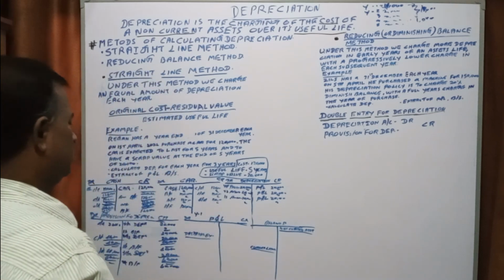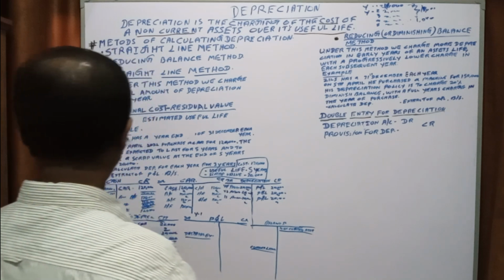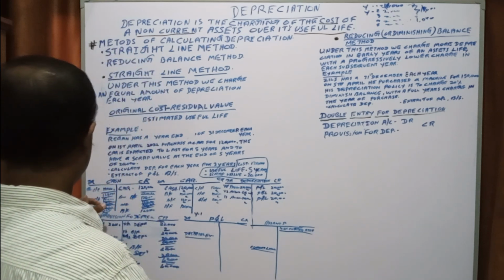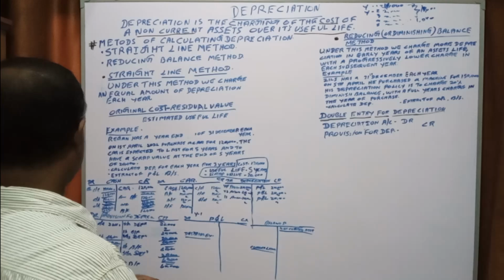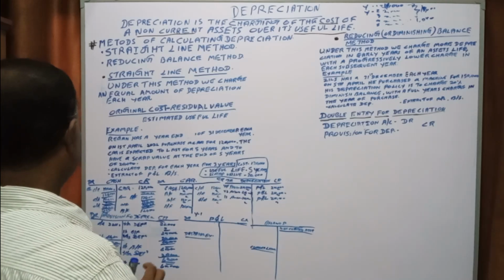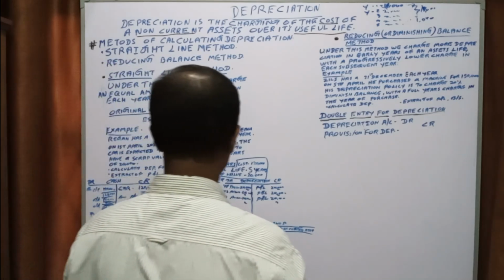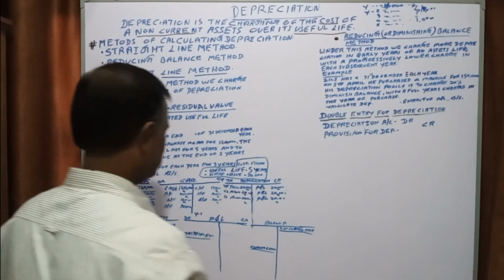Okay, year 1 depreciation. The cash account carried forward is 120,000, right?